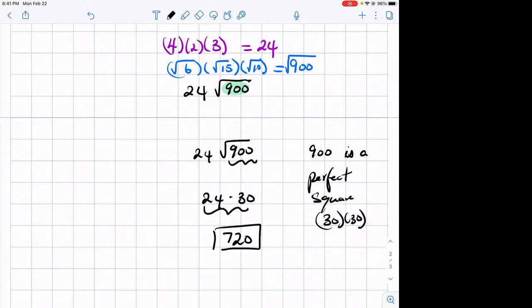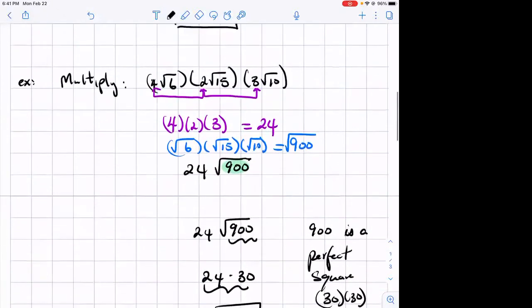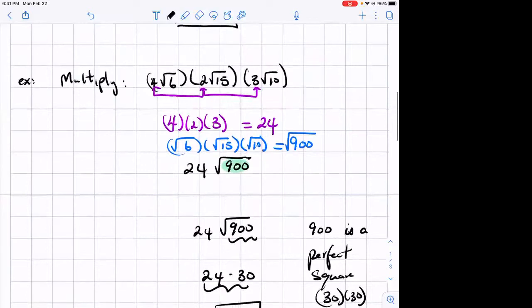This will be our final result. Sometimes the root can be simplified, so always check.